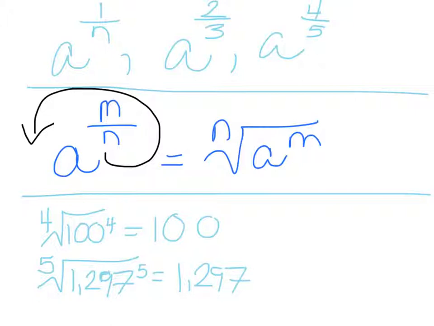In other words, whatever I raise my base to, if I'm taking the same root, the fifth root of this base to the fifth, it's going to be the base itself. So I can force something like this to look like that. So that concludes what we're going to say about fractional exponents, but what about negative exponents?